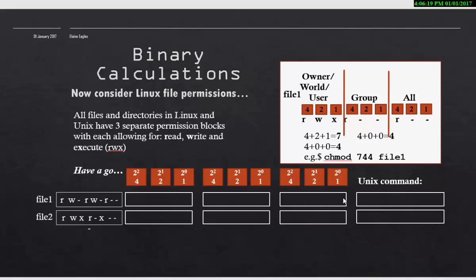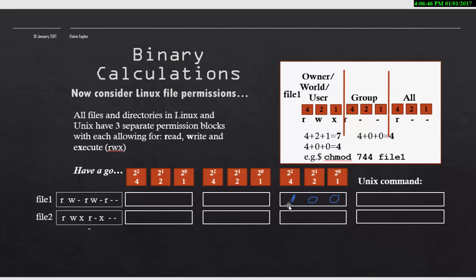And as you only have 3 digits, the first digit is for execute, the next one would be for write, and the next one would be to represent read. So if that was set to 1 and that was 0, 0, then that would be just read.